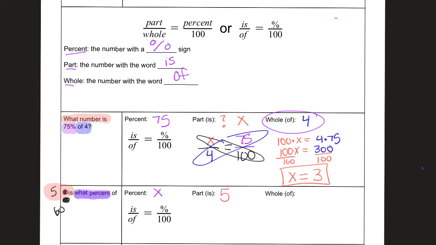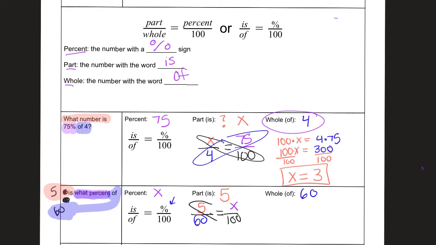And it is out of 60. Okay, I'm just going to fill this guy in. 5 out of 60 equals, I don't know what percent, out of 100.